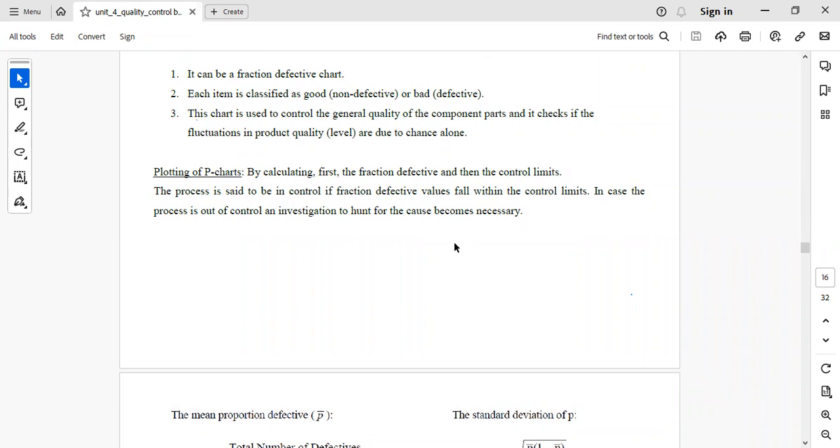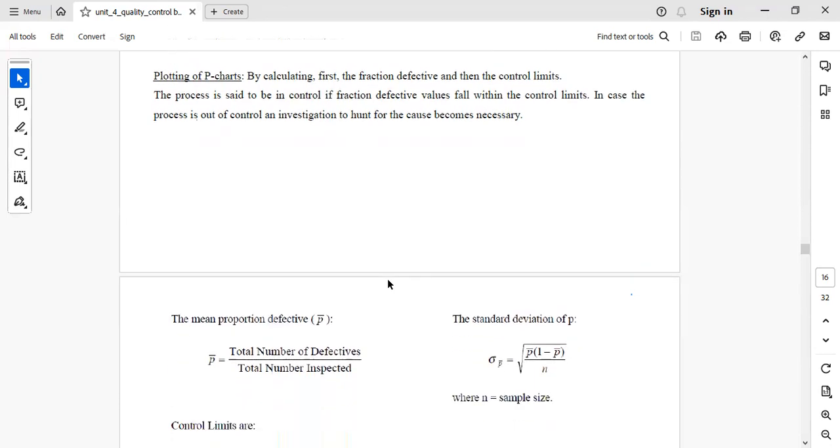So if you have 10, then that will be 10 out of 100. That will give you that proportion. So you can see it is a fraction. A fraction, we normally know, is something that is less than 1. In case the process is out of control, then something needs to be done.